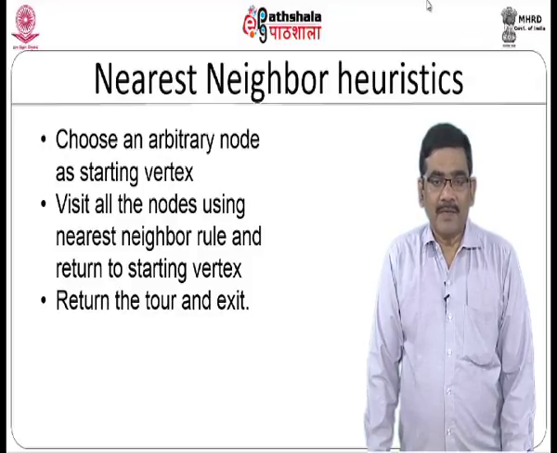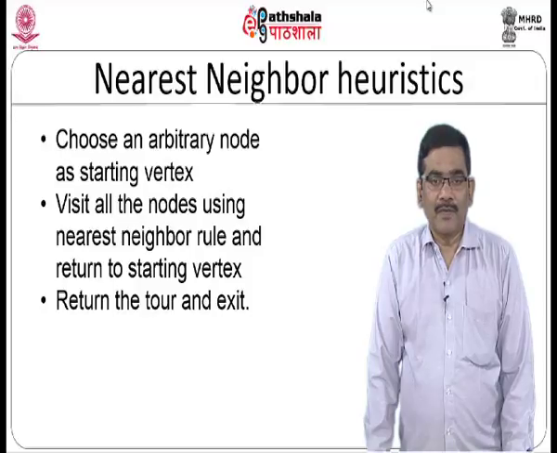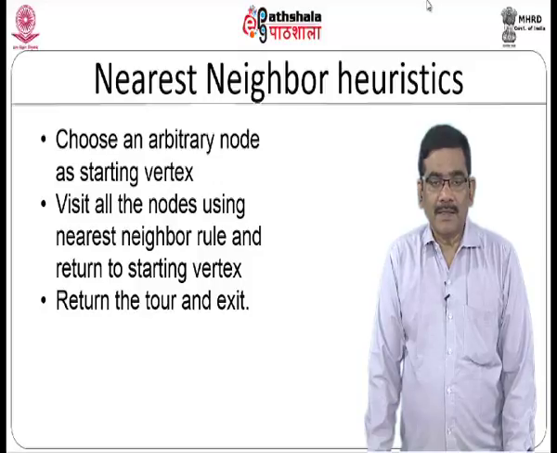The graph has a set of vertices V, and we have a list of edges E. The question is, we have to find the shortest path, that is the least cost tour, where we have to start from a city, then visit all other cities exactly once, and then come back to the original city where we started.